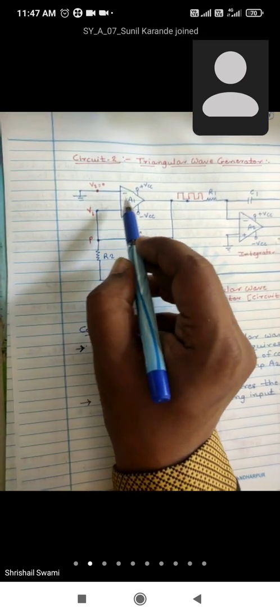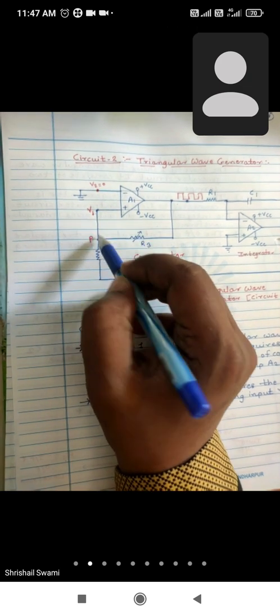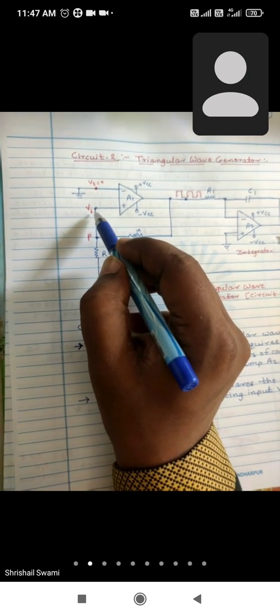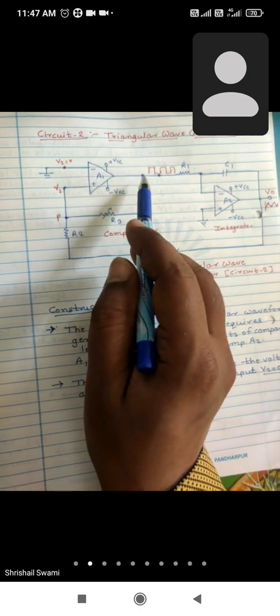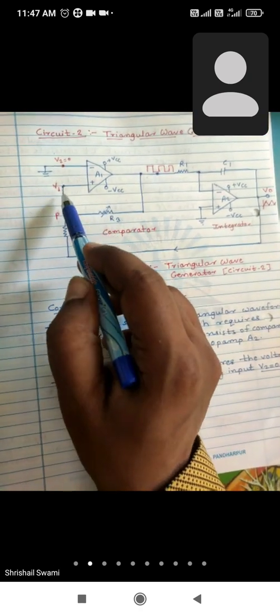So V2 equal to 0 is the inverting input. The comparator will compare the voltage at P, which means V1, with V2. If V1 is positive, then the output is plus Vset. If V1 is negative, then the output is minus Vset. So it will compare the voltage at point P with the inverting input, that is 0 volt.